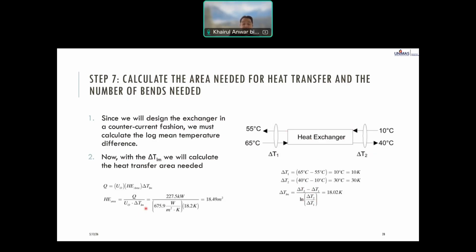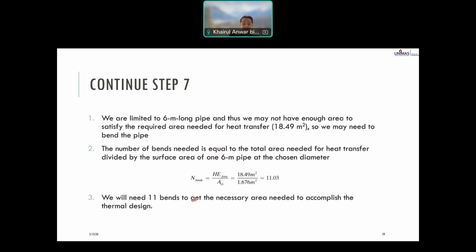Then we can calculate HE, the heat transfer area. We are limited to 6 meter long pipe, and thus we may not have enough area to satisfy the required area needed for the heat transfer, which is 18.49 meters square. So we may need to bend the pipe. How many bends do we need? We calculate here.